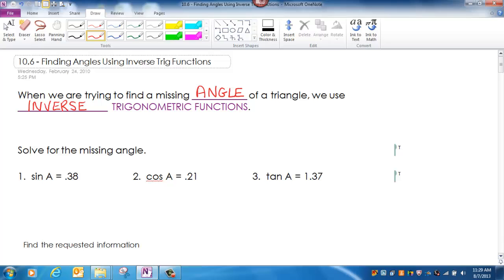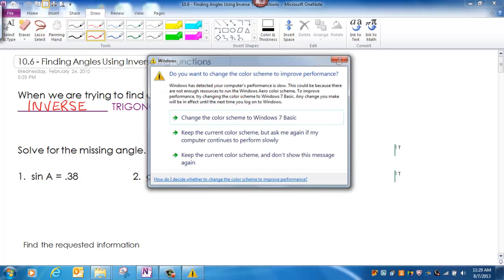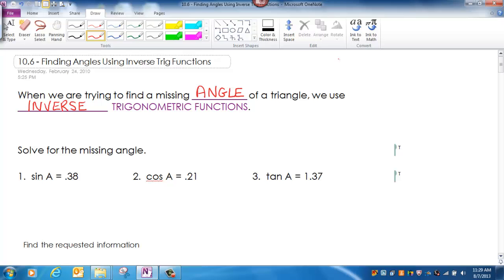First one, solve for the missing angle. Okay, so the first one says sine of angle A equals 0.38. So that means the ratio of the opposite side to the hypotenuse is 0.38. And if we want to find what degree measure has that sine ratio of 0.38, we would use inverse sine.